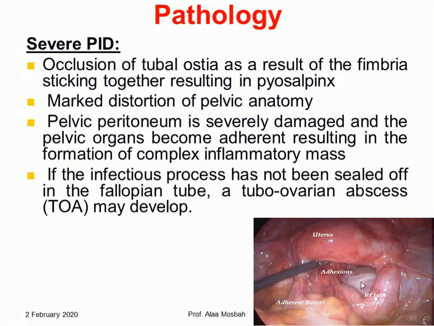The pelvic peritoneum is severely damaged and the pelvic organs become adherent, resulting in formation of a complex inflammatory mass, like these adhesions to the pelvic organs, to the omentum and the colon, the fallopian tube and the uterus. If the infectious process has not been sealed off in the fallopian tube, a tubo-ovarian abscess may develop. And this is a very important case.